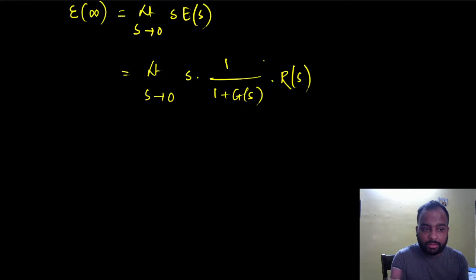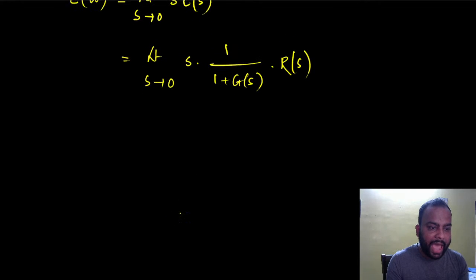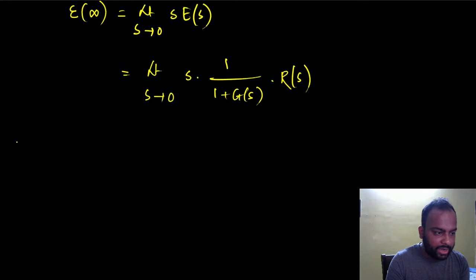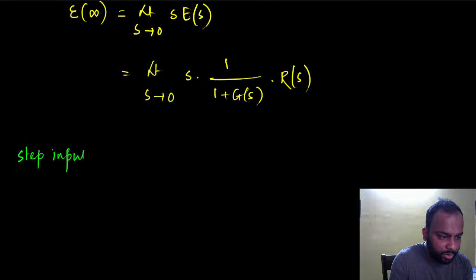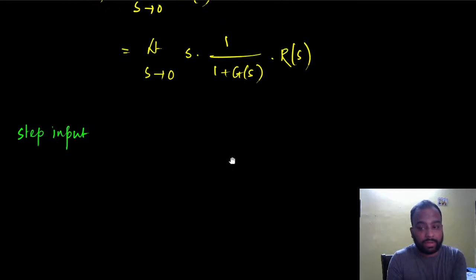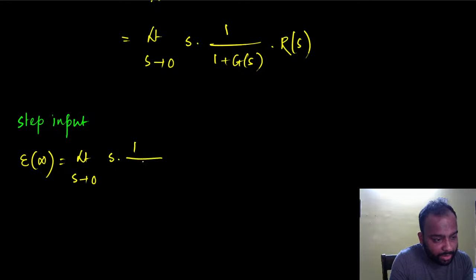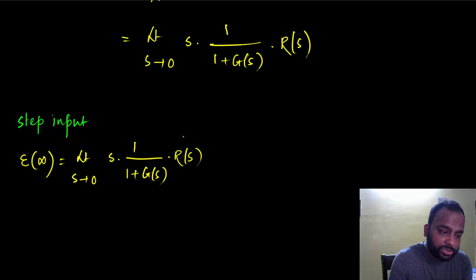then I simply have three possible scenarios. I have a step input, a ramp input and an acceleration input, right? For the step input case, say for example I am considering any transfer function here. For the step input, e infinity is limit s tends to 0 of s times 1 by 1 plus G(s) times R(s). Now of course for the step input R(s) is 1 by s, so that will cancel out.